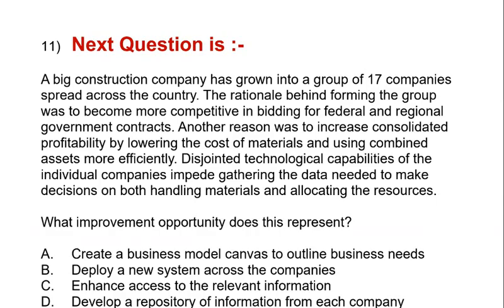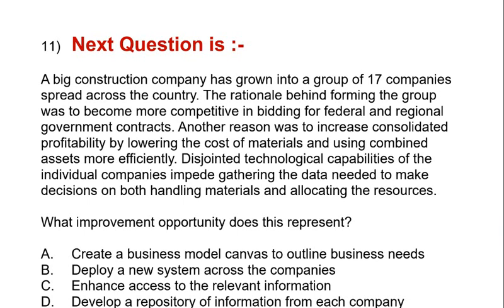Question is, a big construction company has grown into a group of 17 companies spread across the country. The rationale behind forming the group was to become more competitive in bidding for federal and regional government contracts. Another reason was to increase consolidated profitability by lowering the cost of materials and using combined assets more efficiently.